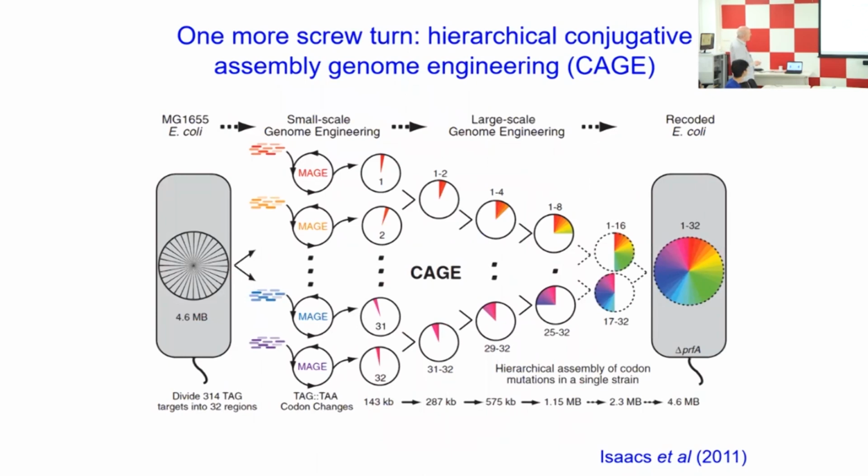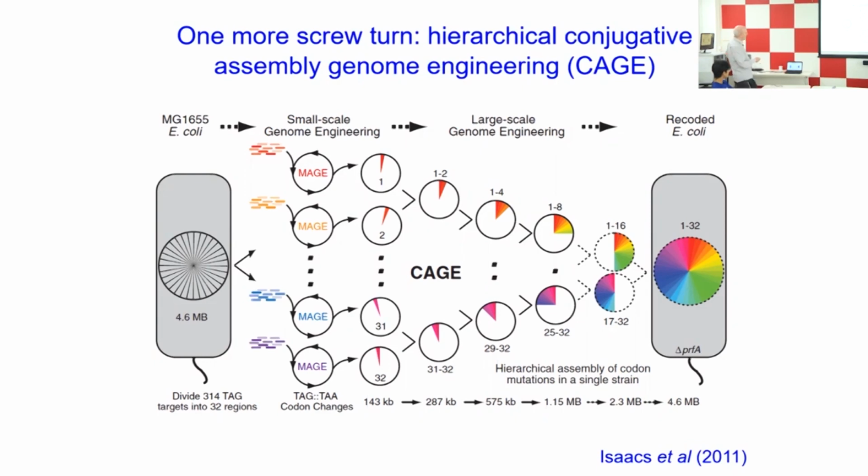Maybe I will return to that subsequently. But another thing that you can exploit this technology for is entering many different mutations in the genome, for instance, for making a strain where you have edited a number of codons. This is another publication a few years later in which MAGE was combined with conjugation in such a way that one of the triplets could be changed in the whole genome of E. coli.